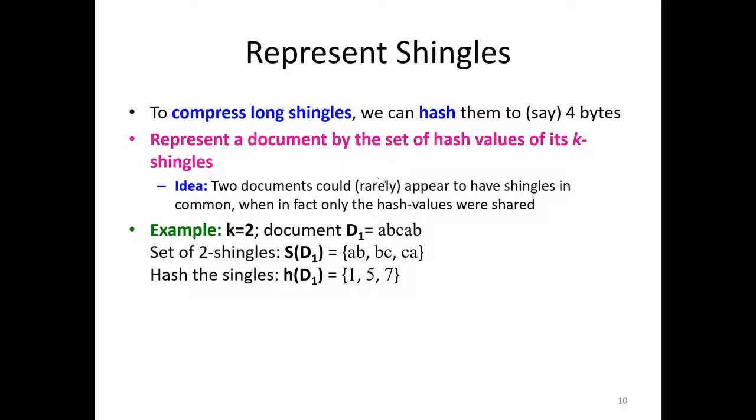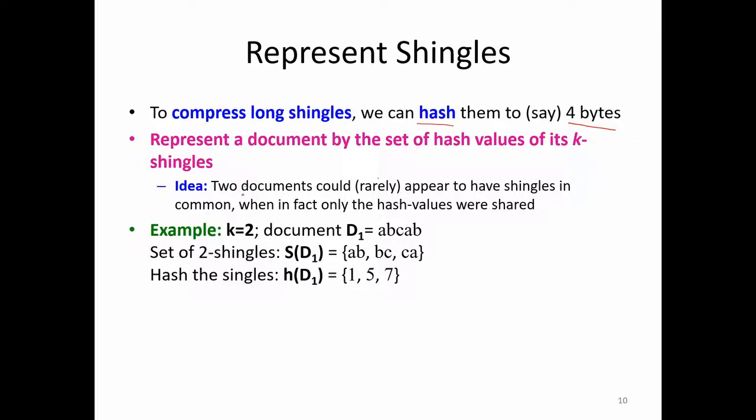A simple solution is to use a hash function. Here we can represent each shingle by, let's say, a 4-byte integer, which you can interpret as a 4-byte unsigned integer. Then you just represent a document by the set of hash values of its k-shingles.